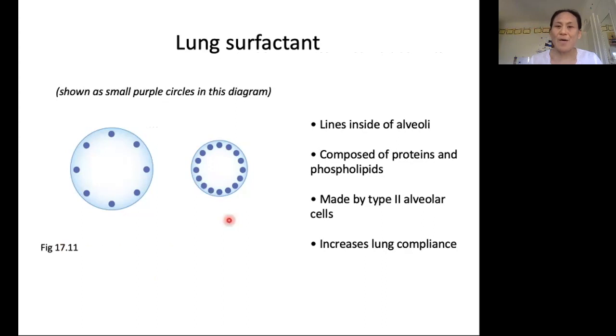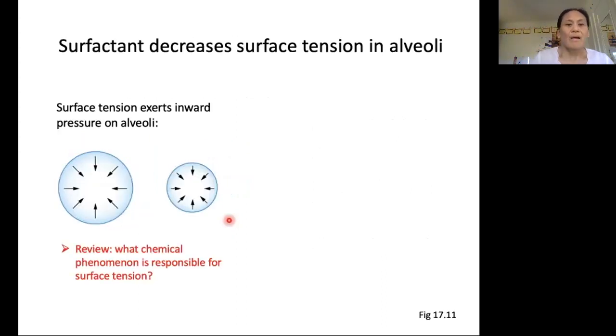So let's talk about how that happens. How does lung surfactant increase lung compliance? First, we're going to talk about surface tension and its role in alveoli. These are our pictures of alveoli.